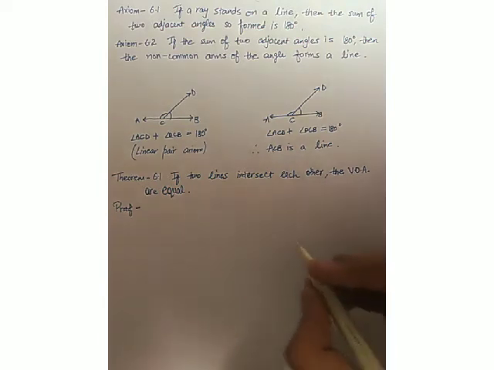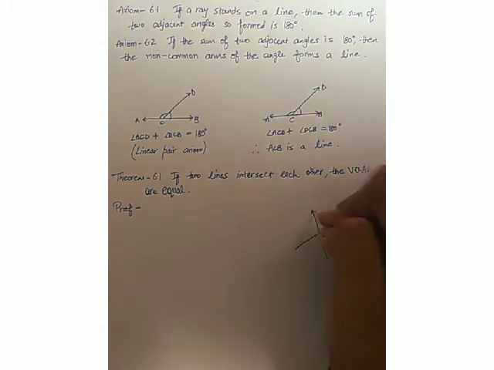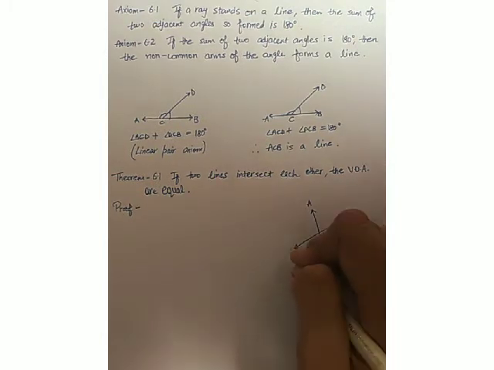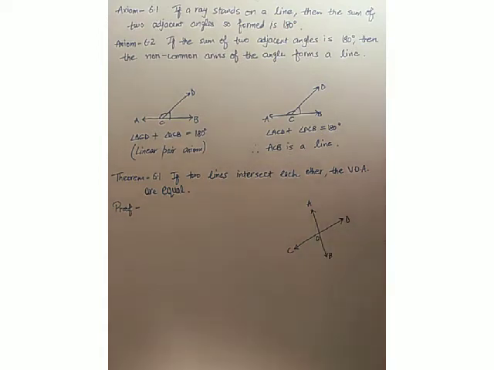Now consider two lines. Consider a line AB which is intersecting the line CD at O. Clear?